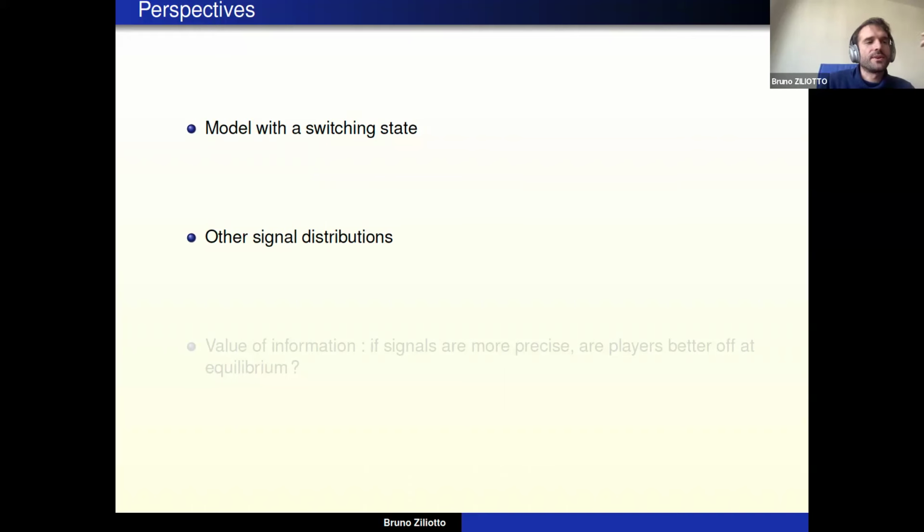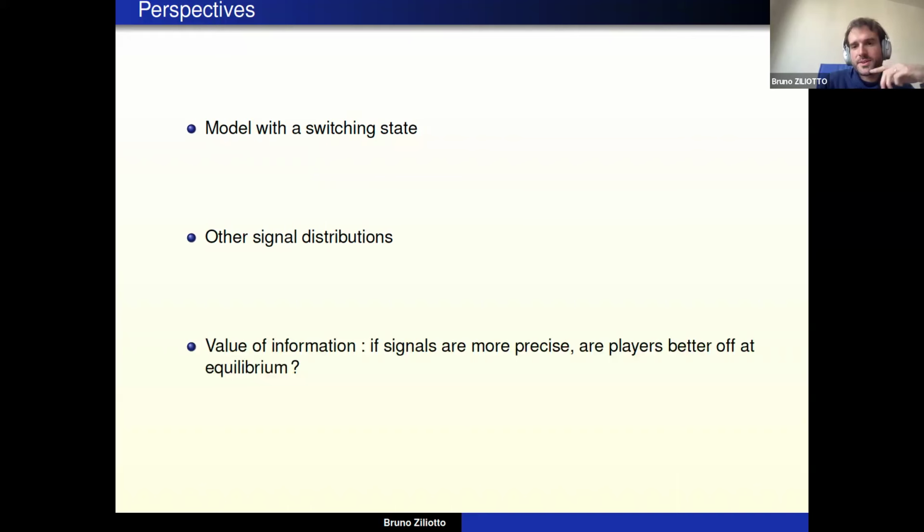Because if you have a meaningful game with incomplete information, you may expect that the variable that will intervene in the system we write will be the belief of players on the state. But the belief on the state is an infinite dimensional object. Here we are able to reduce it to one finite dimensional variable because of the special structure. But you may ask what happens for other types of signal distribution.